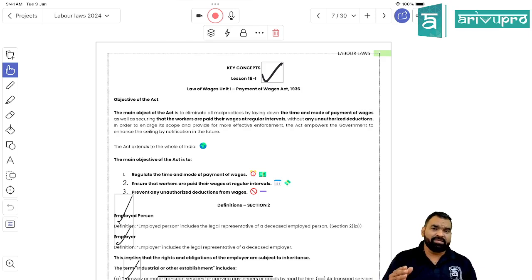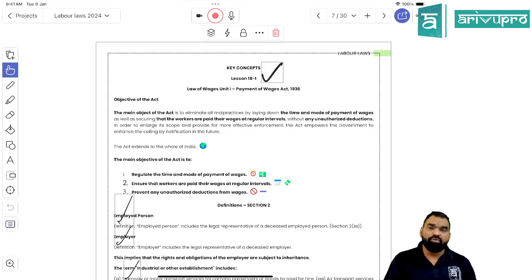Now further, this act states when the wage will become due for payment. If an establishment has a number of employees up to 1,000, they have to pay the wages on the 7th of the next month. If they have 1,000 or more than 1,000 employees, they have to make the wage payment by the 10th of the next month.